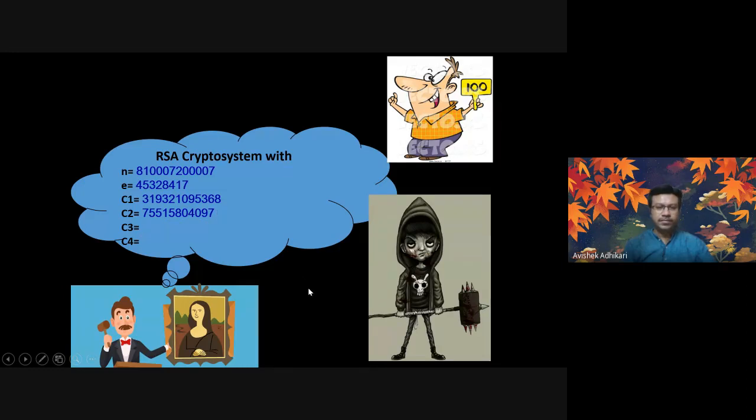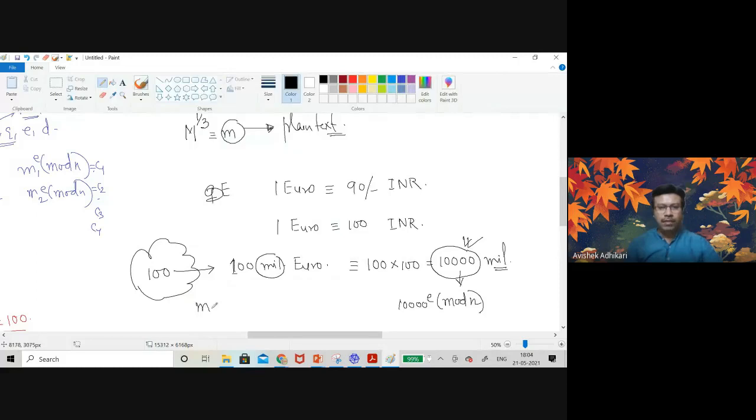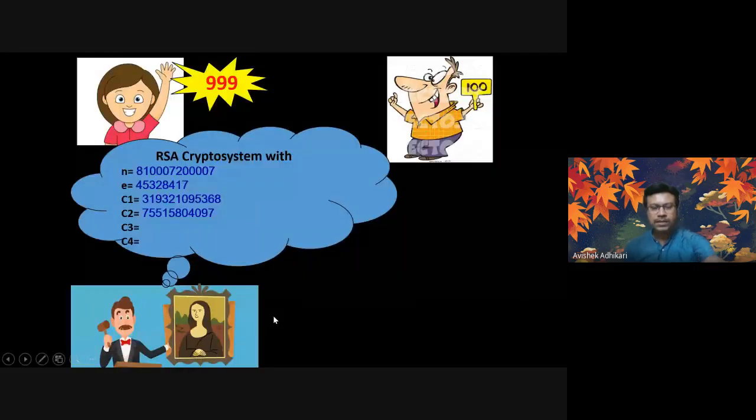Another girl, suppose she has given 999, so 99,900 million. Now can somebody tell me, if this is your plaintext, what would be your ciphertext? 99900, what would be your ciphertext?